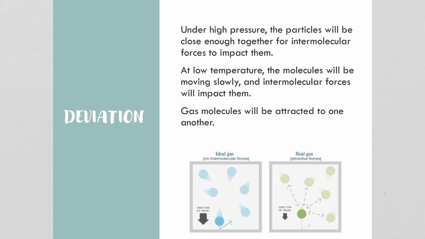And then at low temperature, the molecules will be moving much more slowly, and the molecules would be closer together because of the intermolecular forces. So intermolecular forces will impact them. And in those cases, the gas molecules will be attracted to one another, so they won't behave the same way as in the ideal gas.